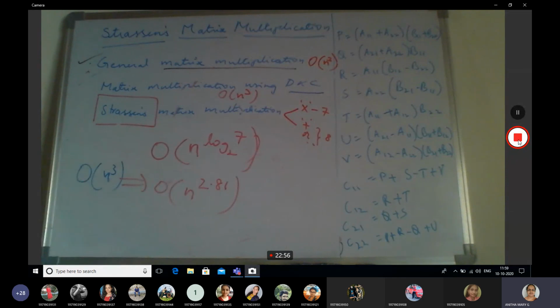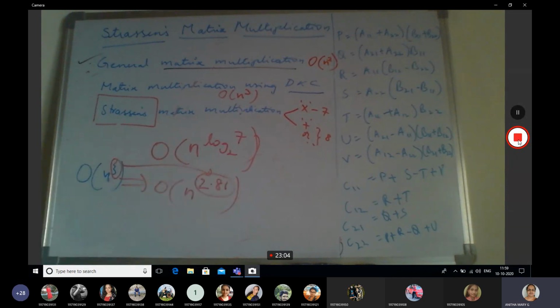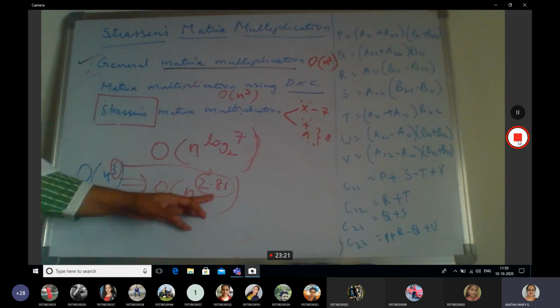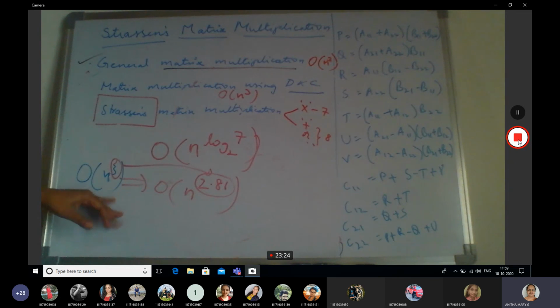So now the 3 is reduced to 2.81. Though there is not much difference, at least he made the effort to reduce the time complexity of normal matrix multiplication, and the procedure he found gives less time complexity. That is the main importance of Strassen's matrix multiplication.